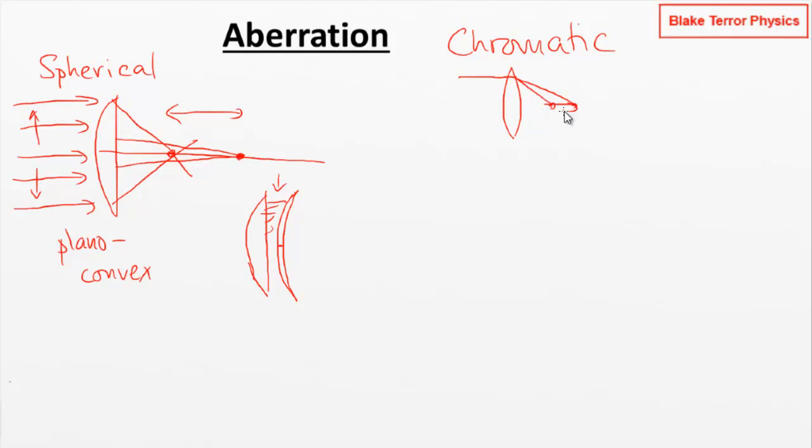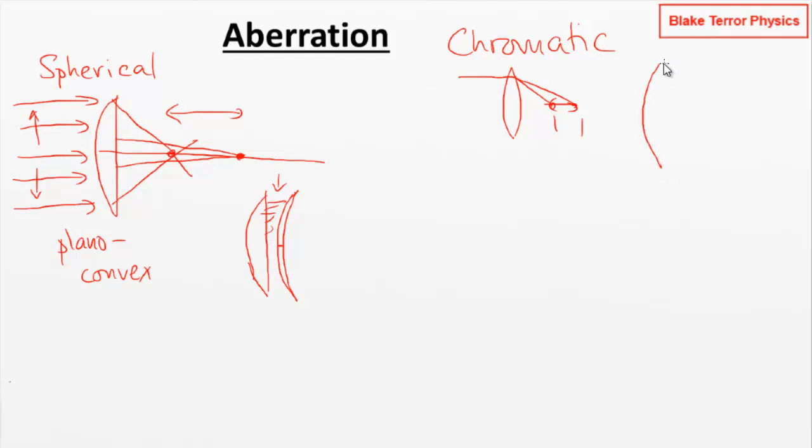Again, we've got this dispersion, or dispersal, they were the two words I was aiming for. You've got this dispersal going across as a function of frequency, where we get different focal lengths for the lens. So again, we want to pull that back. We want to get rid of this chromatic aberration.